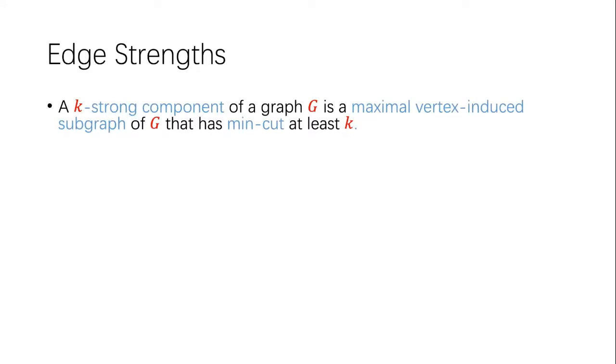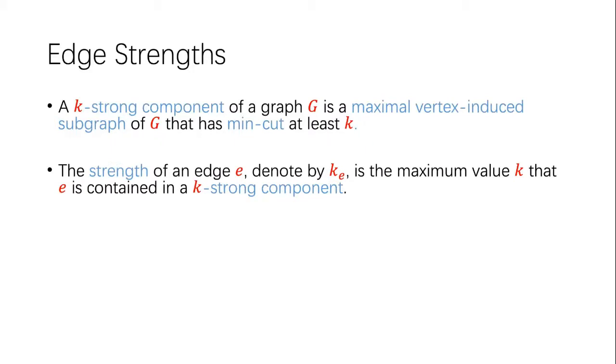Let's first briefly review the framework of Benczur-Karger for cut sparsifiers in standard graphs. In a graph, a k-strong component of G is a maximal vertex-induced subgraph of G that has min cut size at least k. The strength of an edge e, which we write as k_e, is the maximum value k such that e is contained in a k-strong component.